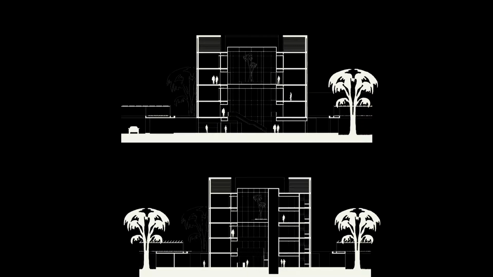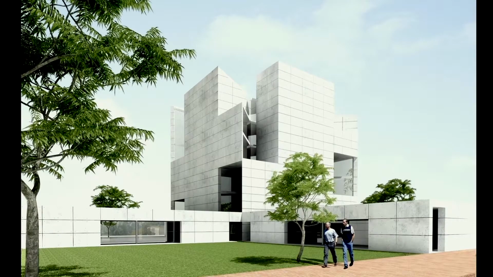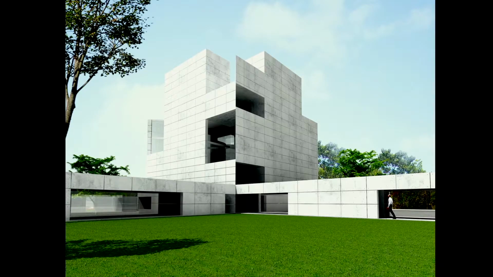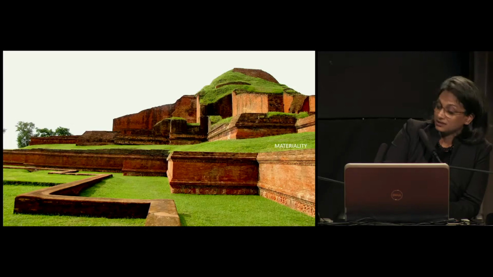You see the section in here, that's the volume of the central atrium space, and all the offices are on the edges. And that was our proposal for the French-German embassy. We won first prize with another French firm, but then they were given the job to do, and it's pretty much now coming to completion, but something which I really like.